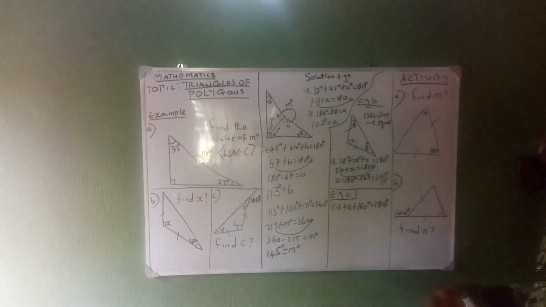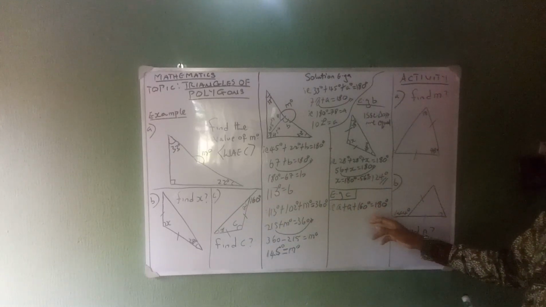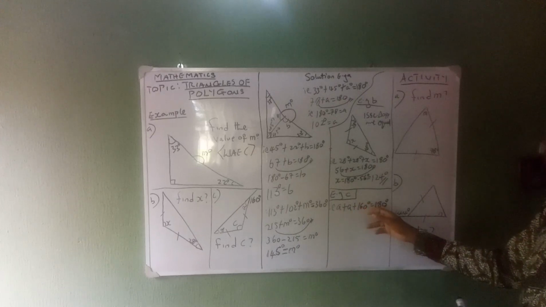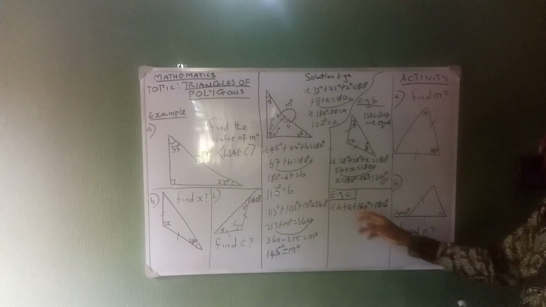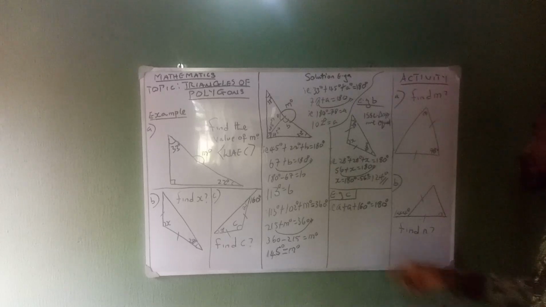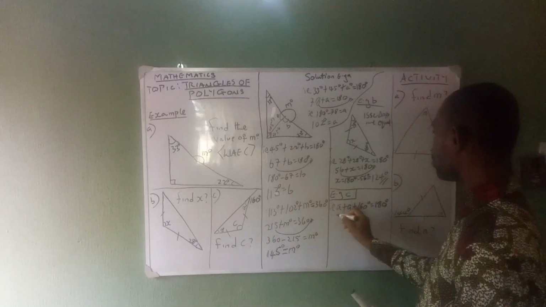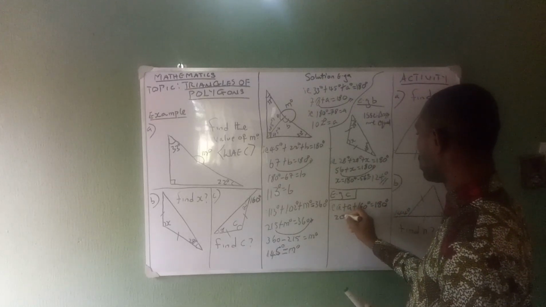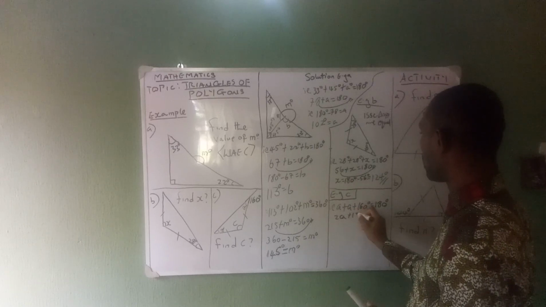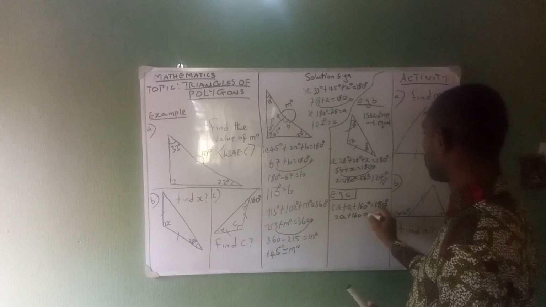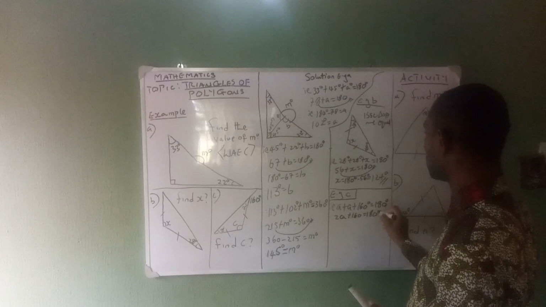A plus A gives us 2A. So we have 2A plus 160 equals 180 degrees.